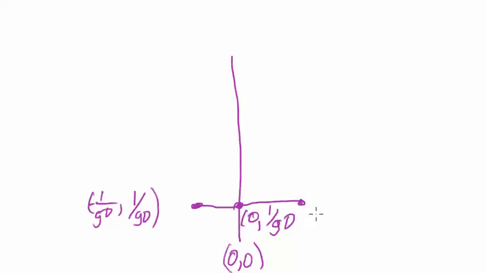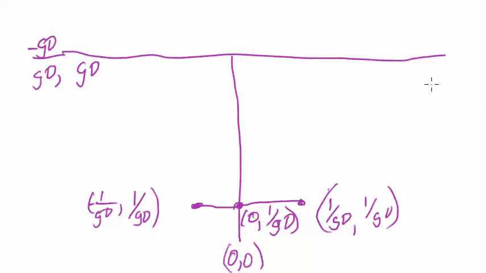And this would be 1 over grid density, comma 1 over grid density. Okay. The top level is going to be negative grid density over grid density, comma grid density. And that would be going by steps of adding 1 over the grid density each time.